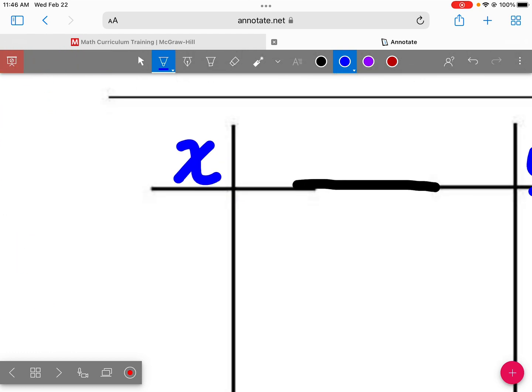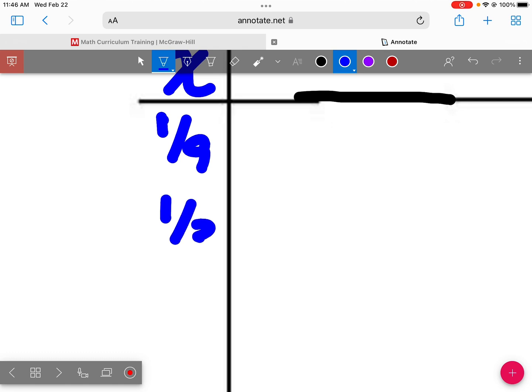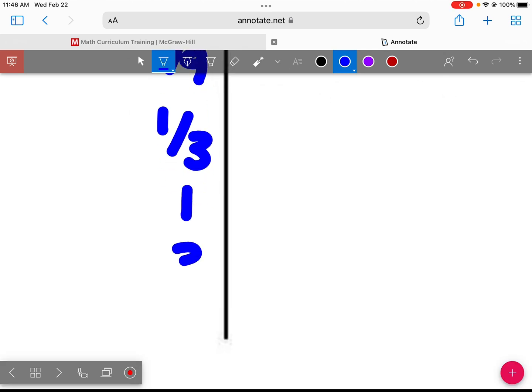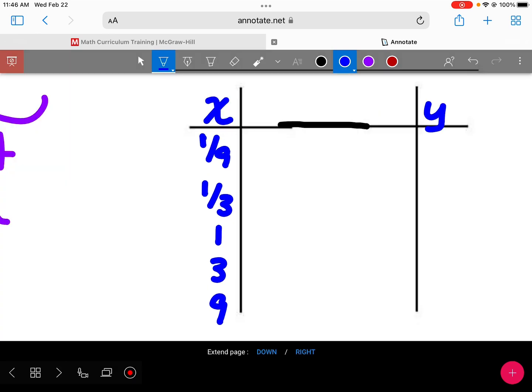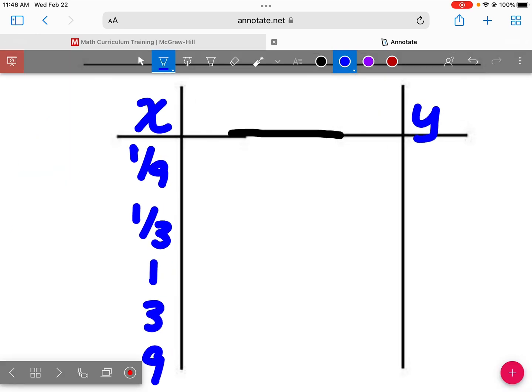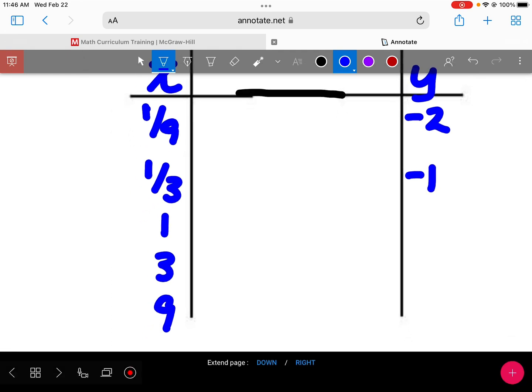So how do I use that to get the parent for my log now? Flip it. So down the x side, 1 over 9, 1 over 3, 1, 3, and 9. Down the y side, -2, -1, 0, 1, and 2. For the big one, after you flip them, you just do the same thing we did for the last one. This one had the same base.